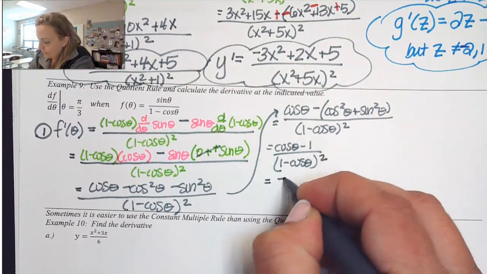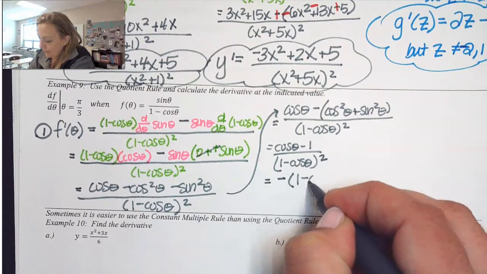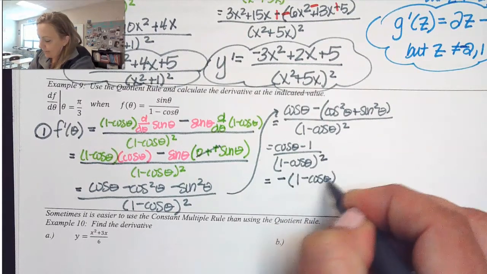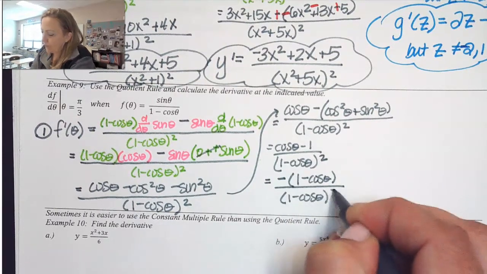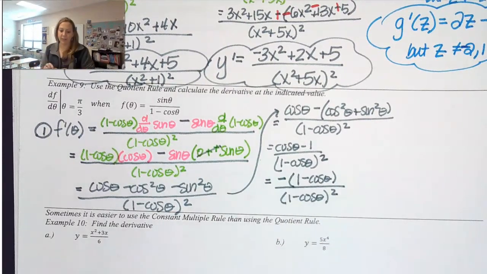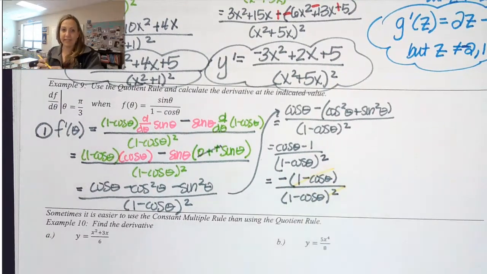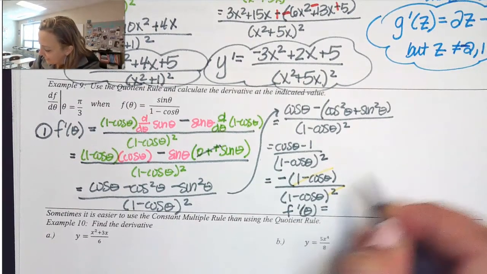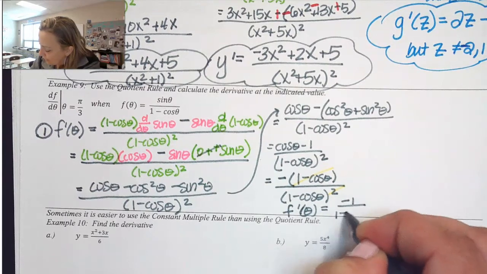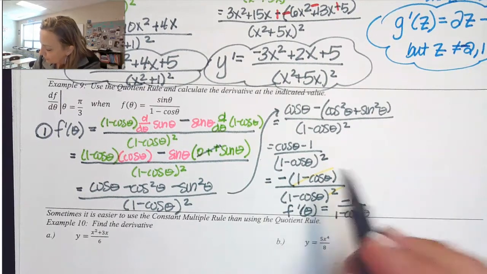If I factor a negative out of the numerator, then I can have the opposite of 1 minus cosine theta over 1 minus cosine theta, that quantity squared. And now I'm able to cancel one of the 1 minus cosine thetas. So my f prime of theta, after all this is said and done, is just negative 1 over 1 minus cosine of theta.